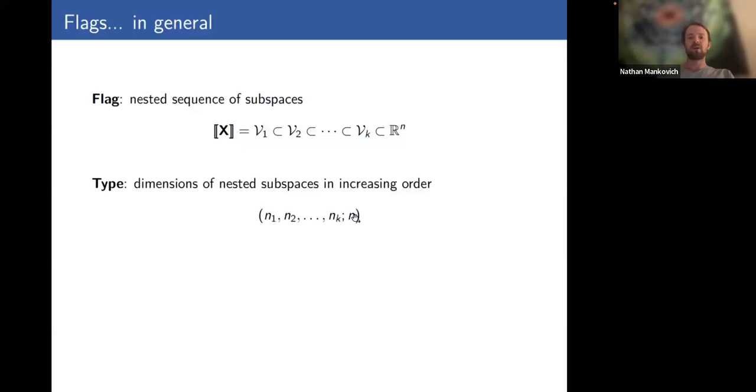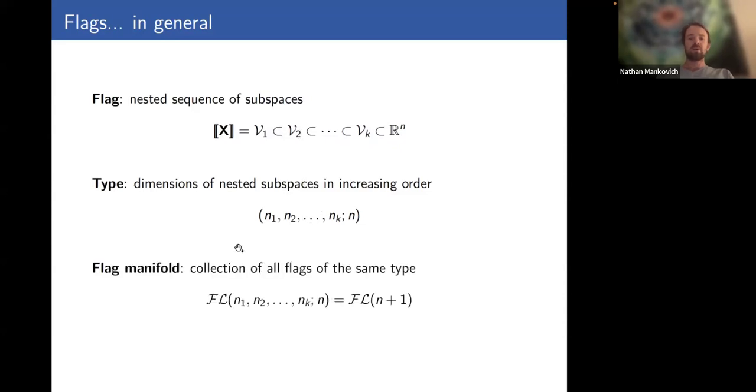So I assign n1 to be the dimension of subspace 1, V1, n2 to be the dimension of subspace 2, V2. And the flag manifold is the collection of all flags with the same type. Sometimes it can be annoying to write all of this, so we're just using n+1 as a placeholder. In other works, people use other notation, but this is what I like to use.